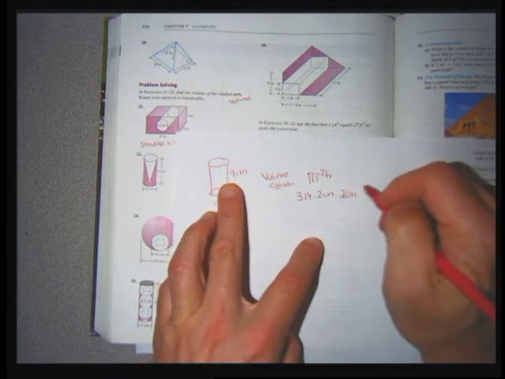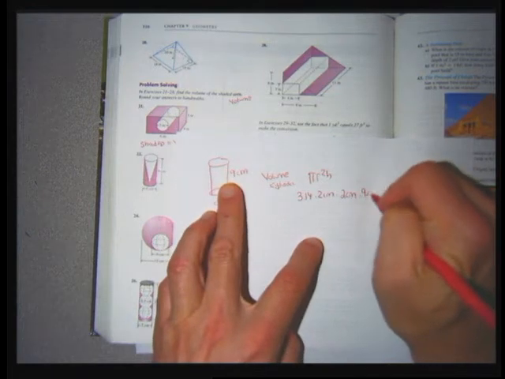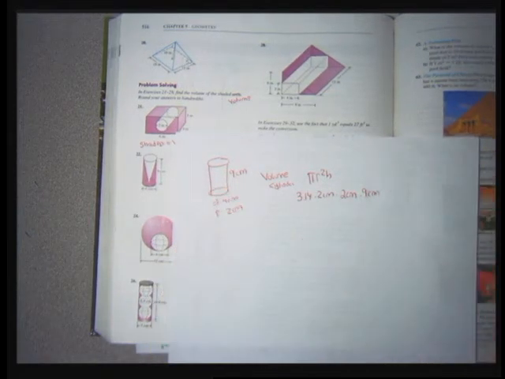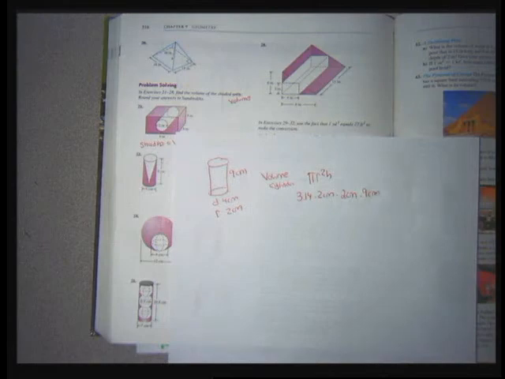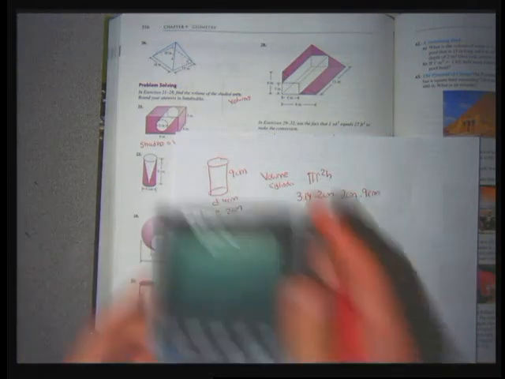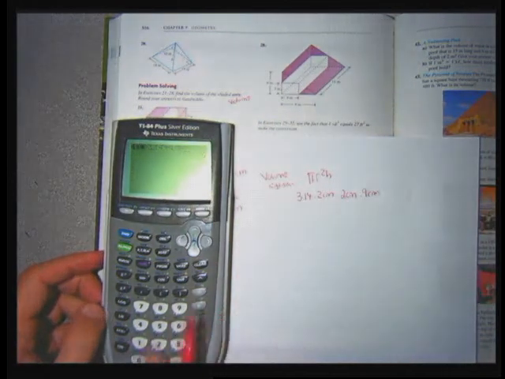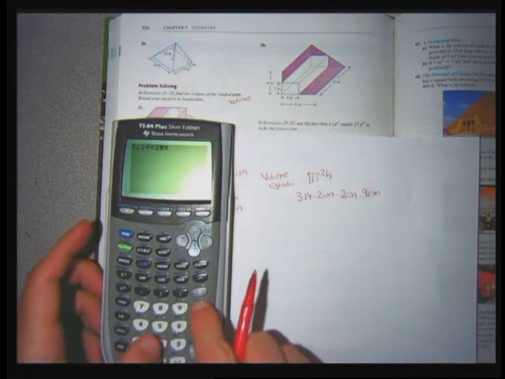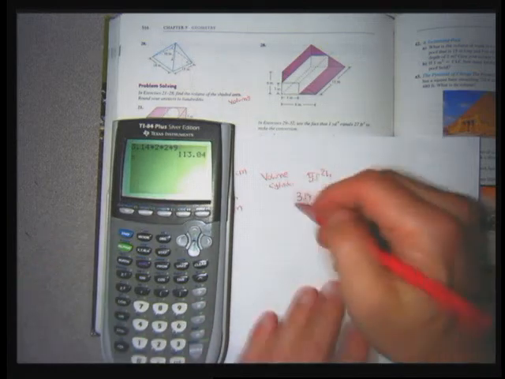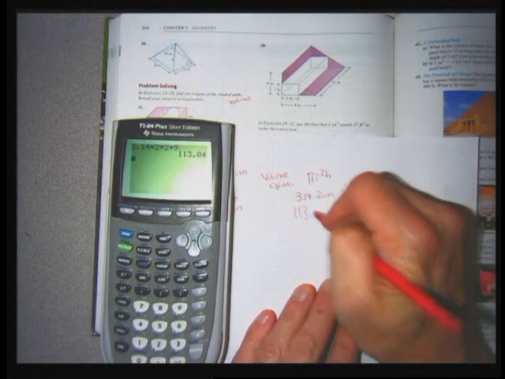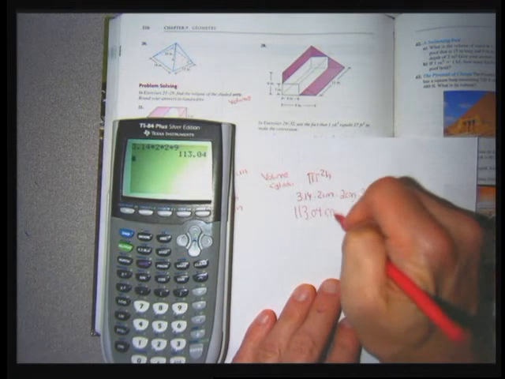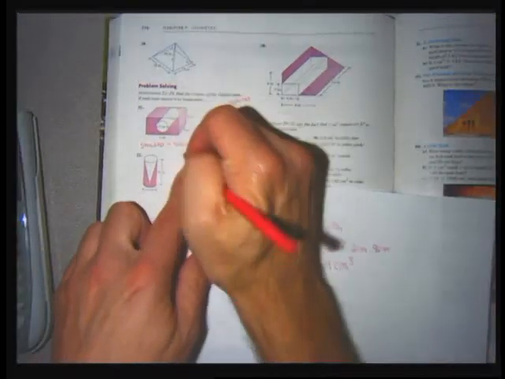And for the height, it's going to be the 9 centimeters. So the volume of the cylinder, that's the whole region, before I subtract out the volume of the cone, is 3.14 times 2 times 2 times 9, and I'm going to get 113.04 cubic centimeters.